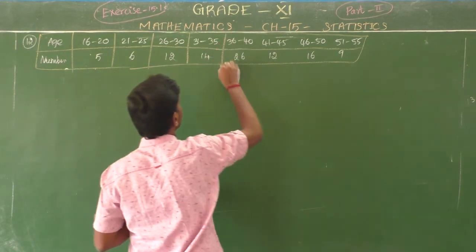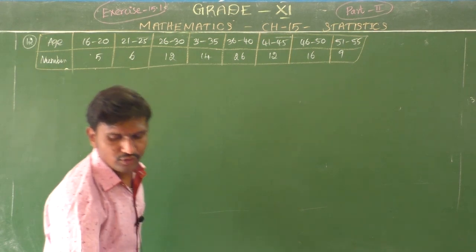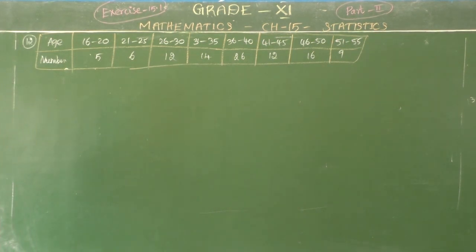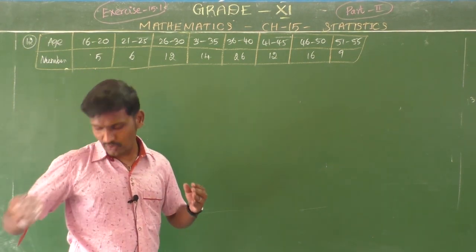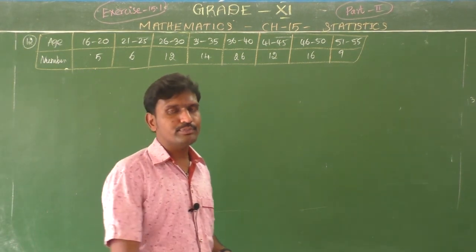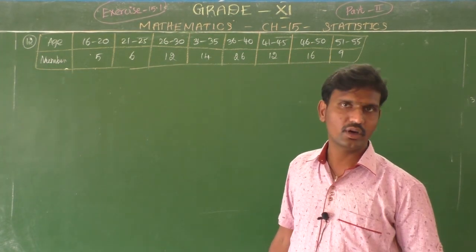So this is a non-uniform class interval, second type. First we should equate the class intervals by using the adjustment factor. Can you recall what we want to do? The adjustment factor is 0.5 only.